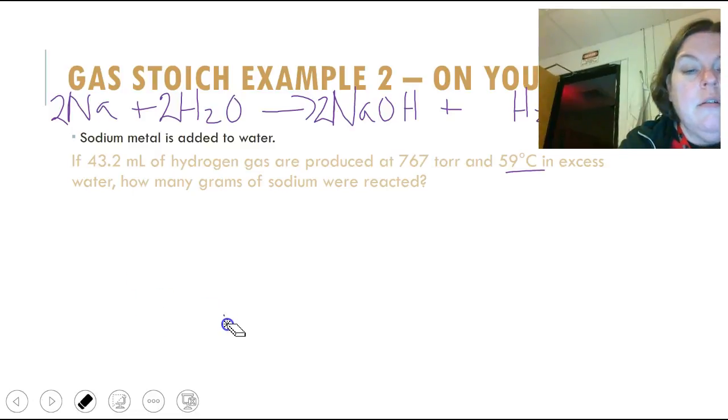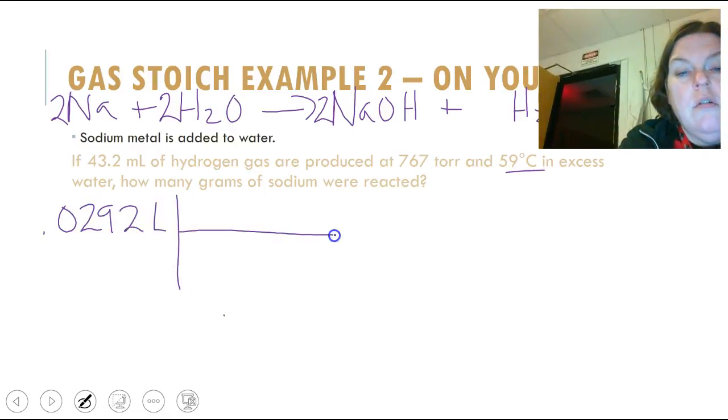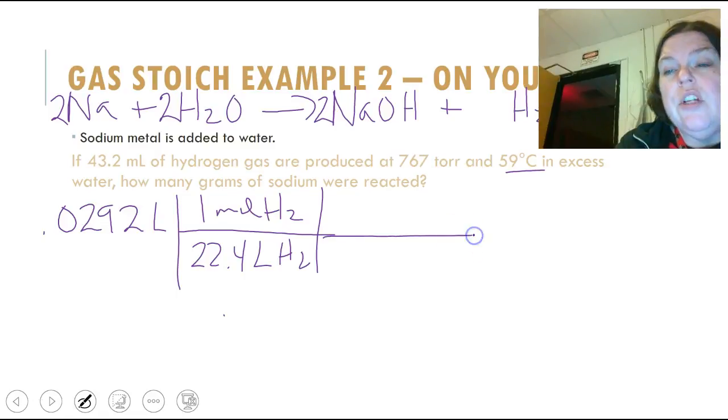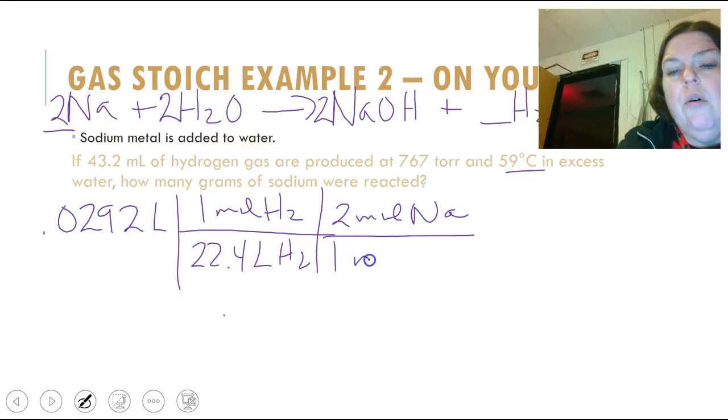Okay, so here we go. 0.0292 liters divided by 22.4 liters, because now I'm at STP. I know the moles of hydrogen now. Once I know the moles of hydrogen, I can use my mole ratio. Remember, I've got 1 to 2, so I have 2 moles of sodium to 1 mole of hydrogen.